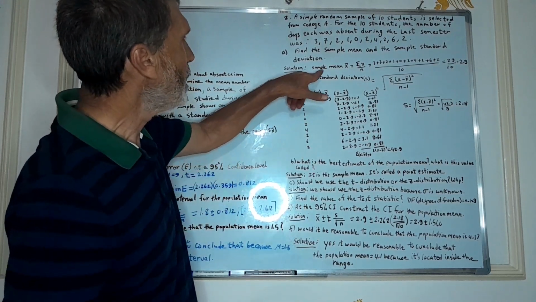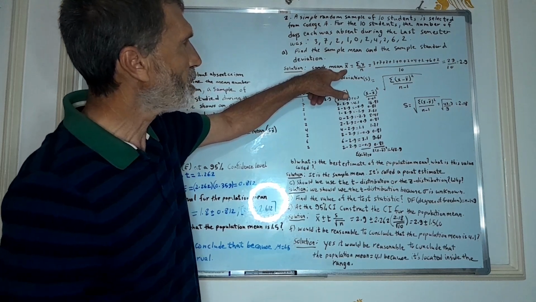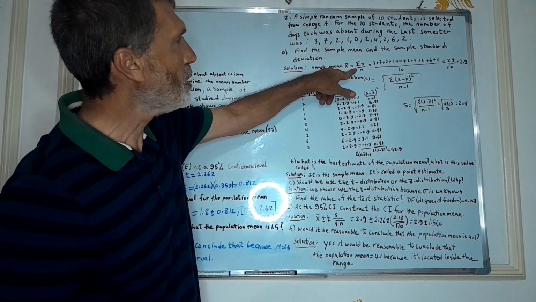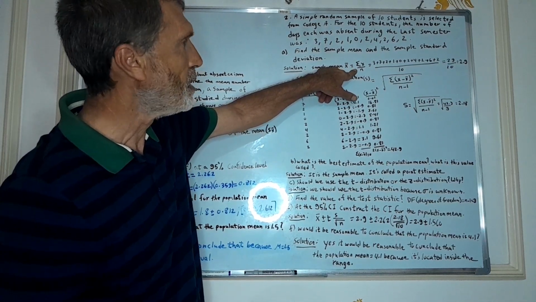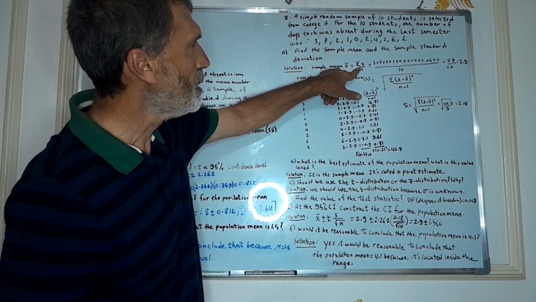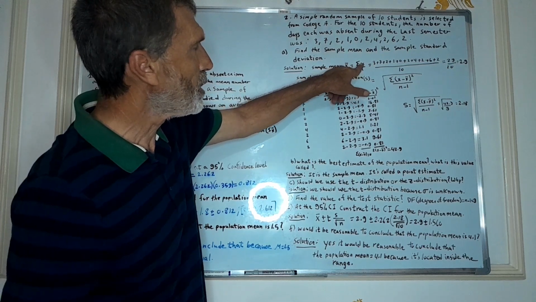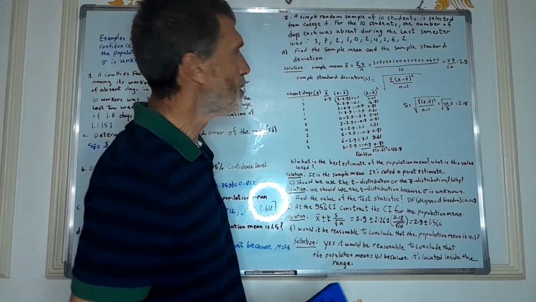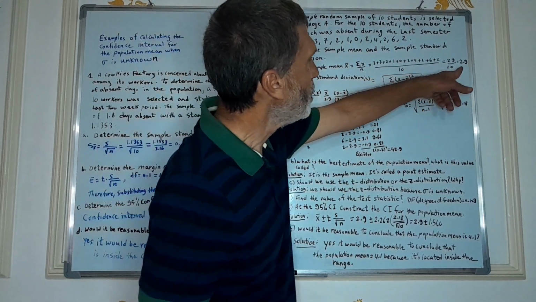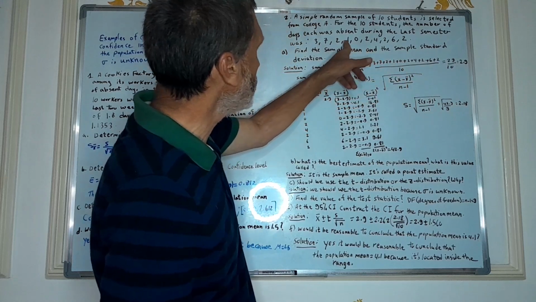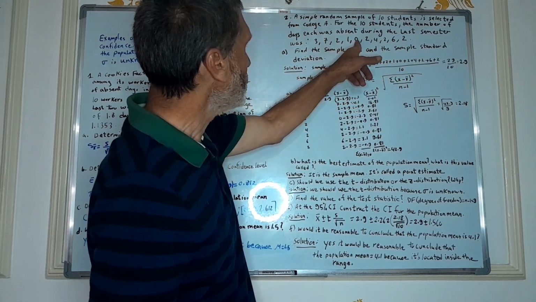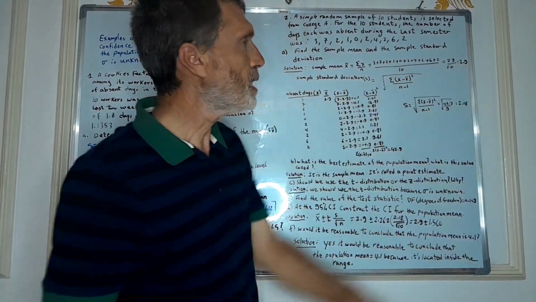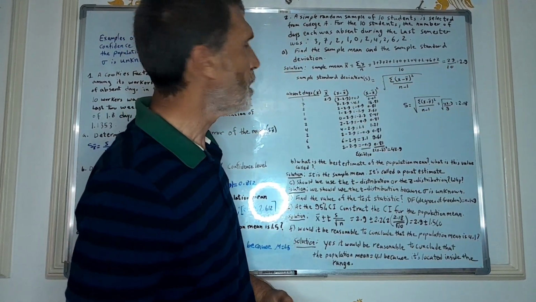The sample mean, represented by x bar, is equal to the summation of x over n, where capital sigma stands for summation. We add all those absent days and divide by 10, and we come up with 2.9. This is the sample mean.